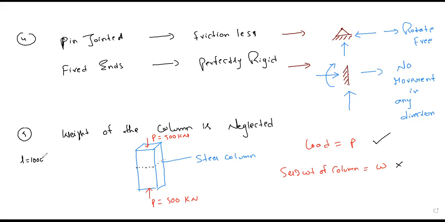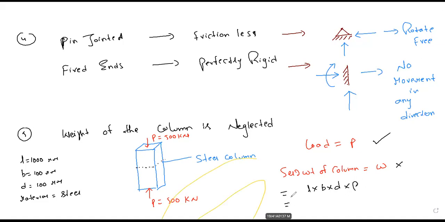Length 1 meter, width 100 mm, depth 100 mm, material steel. Can anyone tell how to calculate the self weight? Length into width into depth is the volume, into density.